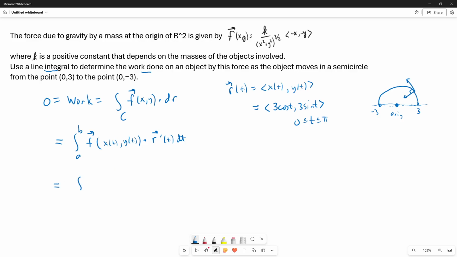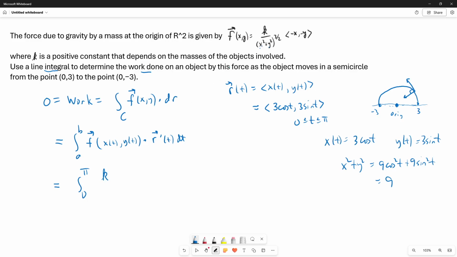So our integral is the integral from 0 to pi, and x of t is 3 cosine t, and y of t is 3 sine t, which means x squared plus y squared will be 9 cosine squared t plus 9 sine squared t. Factoring out the 9, it's 9 times 1, so it's just 9.